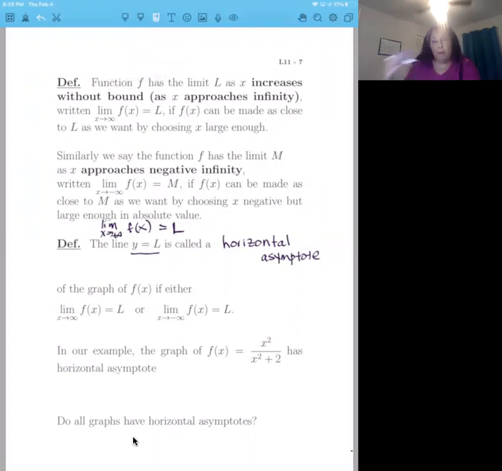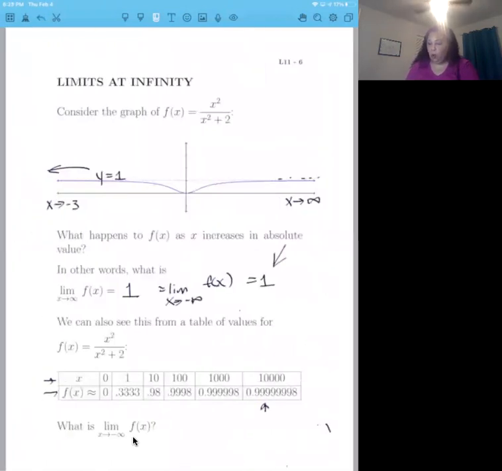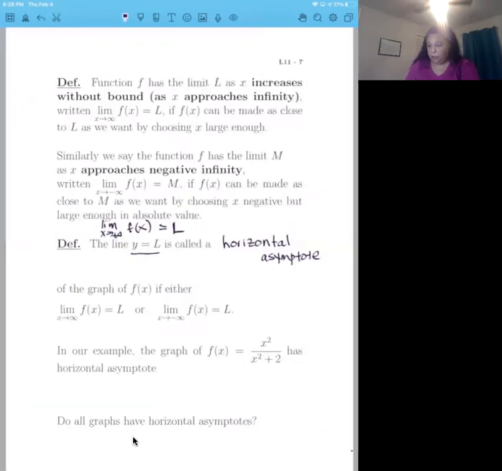But if I take the limit as it goes to infinity, that constant you get is your horizontal asymptote. So in our example, we saw that as I went towards infinity and negative infinity, we got 1, right? So that means that y equals 1 is my horizontal asymptote.